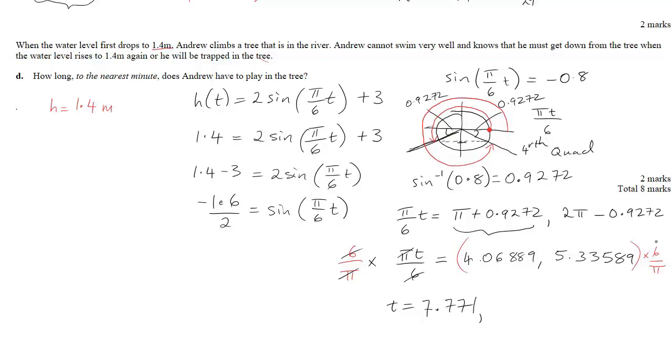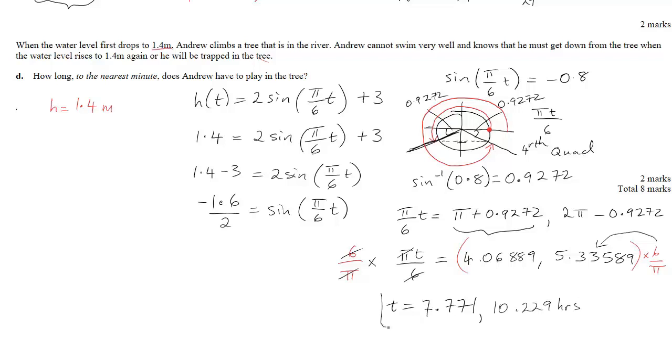And then this multiplied by that value there, 5.35589. I'll just calculate it right now. So that gives us 10.229 hours.